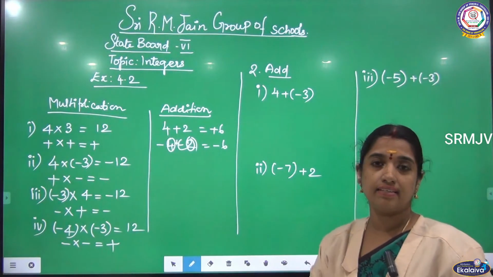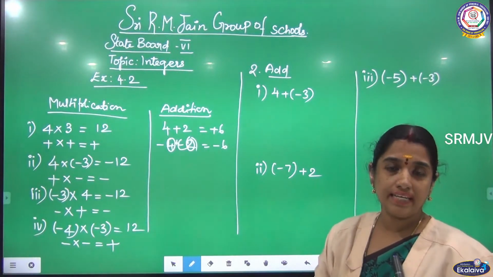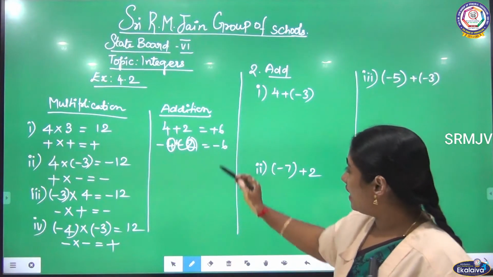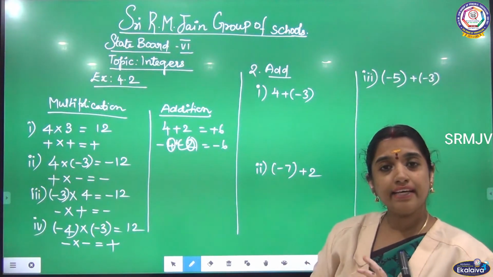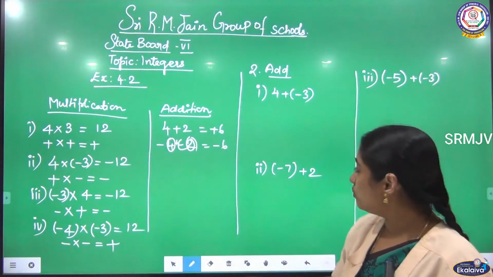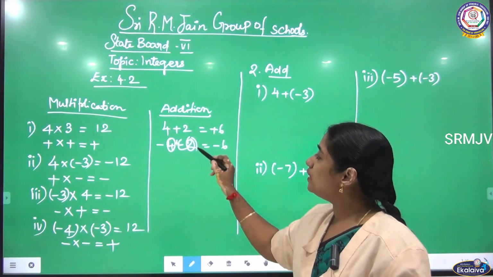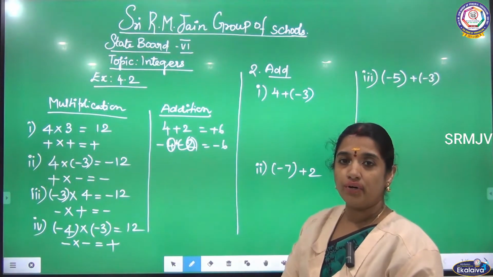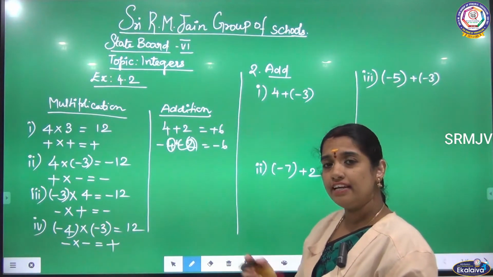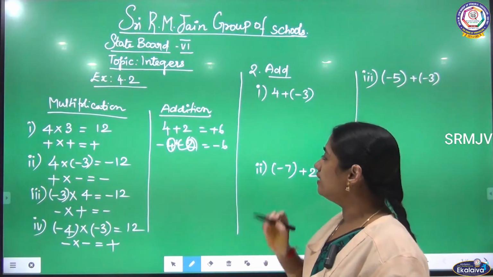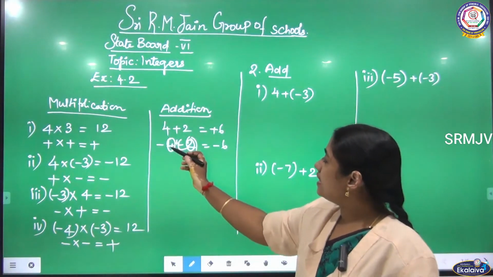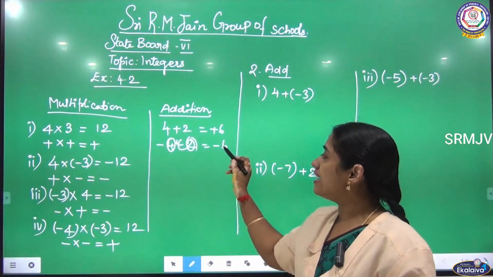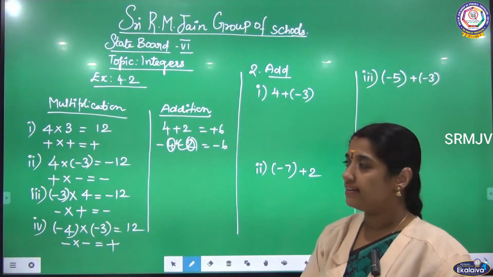Can you understand this? If I add two positive integers, I get a positive integer. When I am adding two negative integers, add the numbers and put the negative symbol. 4 plus 2 is 6, so minus 4 minus 2 is minus 6.